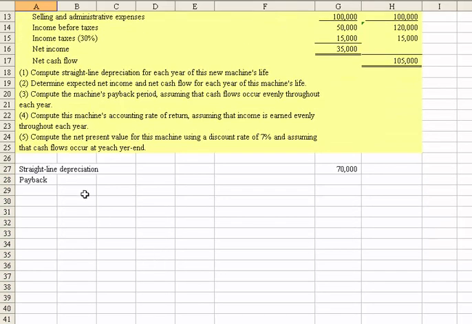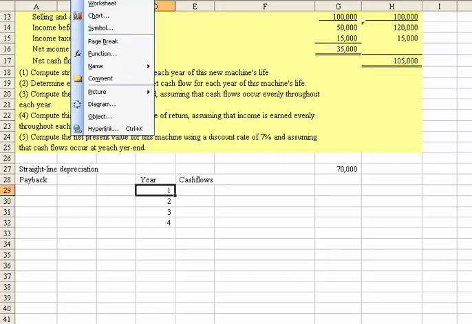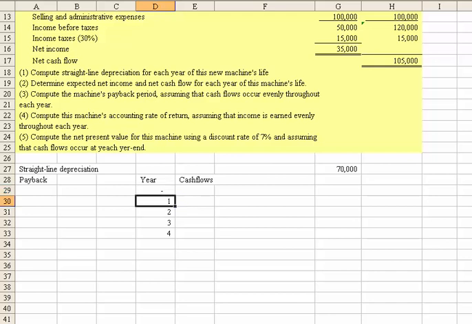Alright, and I'm going to use my approach to how I would do payback. I'd drop in the word year here and just sort of list it going down, and drop in cash flows going down. Okay, and I would start at year 0.